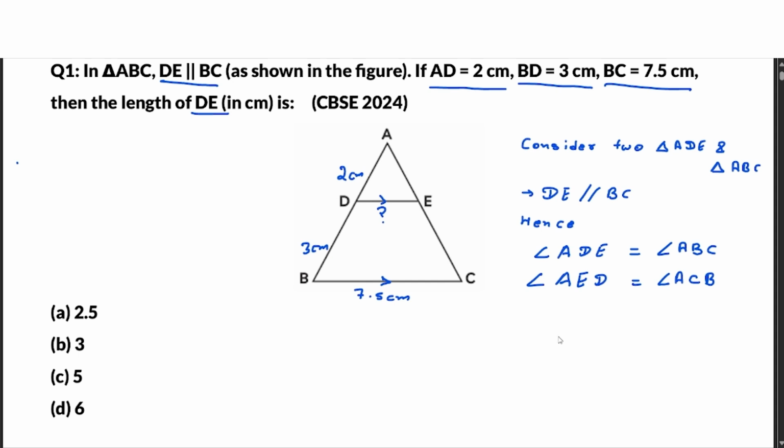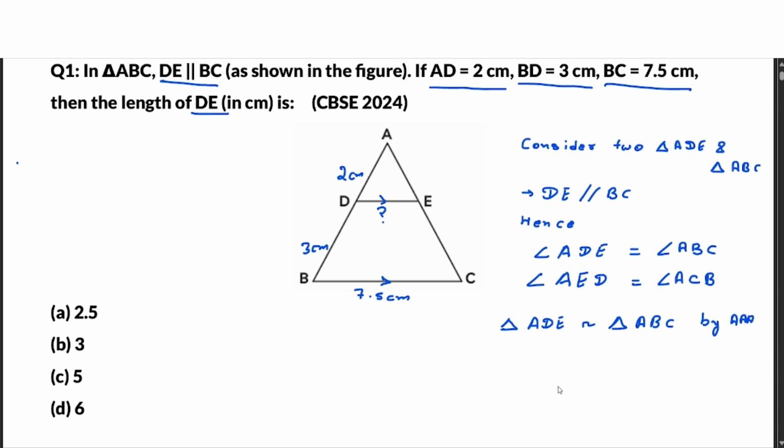Therefore these two triangles, triangle ADE is similar to triangle ABC by triple A similarity.